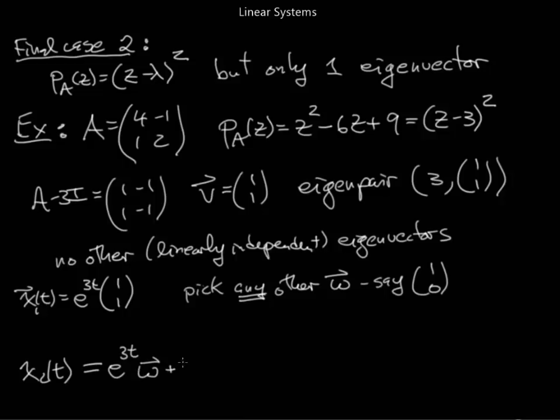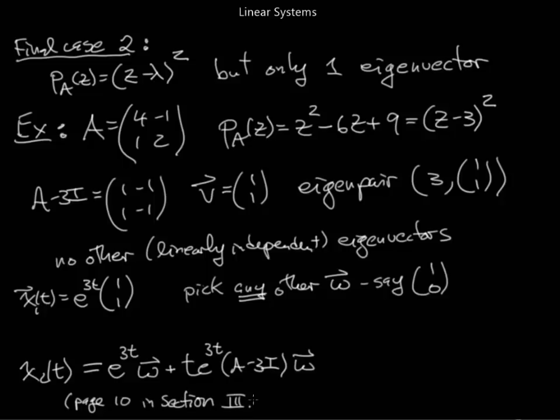Well, that doesn't work by itself because it's not an eigenvector, but then you take plus t e to the lambda t times (A minus lambda I) times w. So that's a little tricky, but it is what it is. And see page 10 in the notes for a little bit more explanation of this.